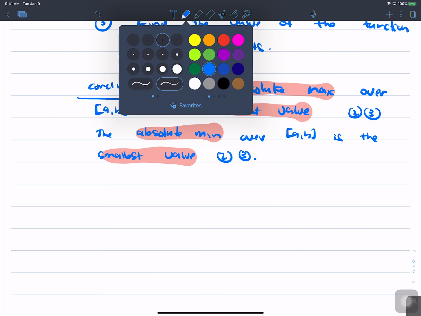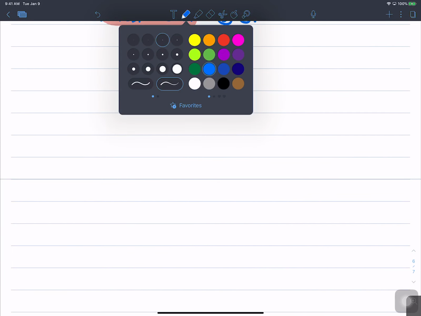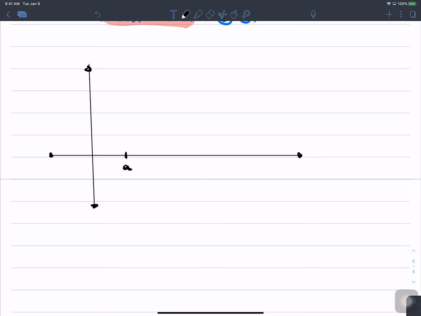And it's a very simple idea. Here's what I mean by that. Let me draw a picture so you guys can understand how this really works. Remember, you have an interval AB, and your function can look a lot of ways over this interval. Okay, it's continuous.